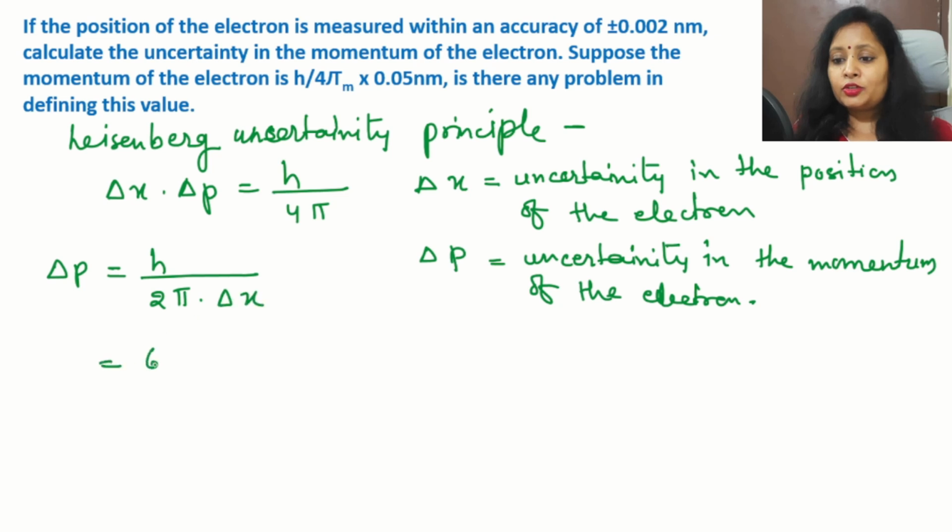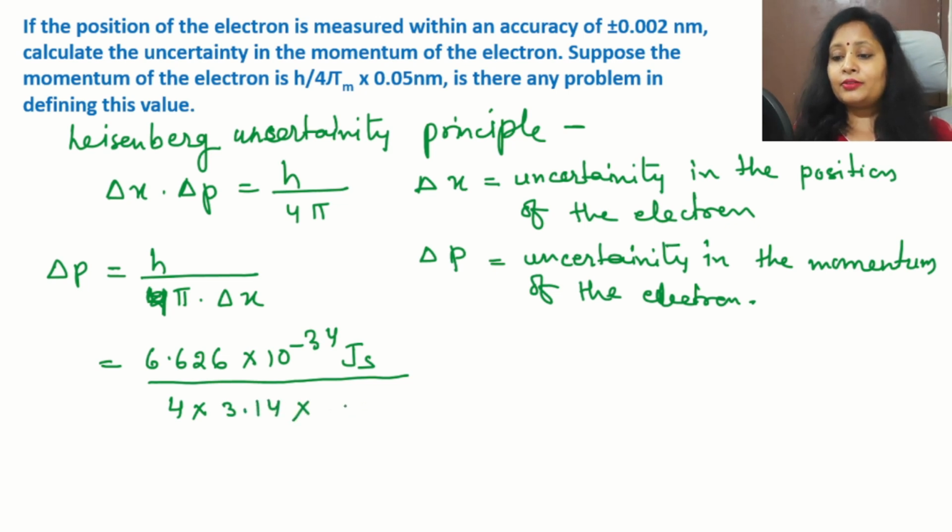Its value is 6.626 into 10 to the power minus 34 joule second, divided by 4 into pi, whose value is 3.14, into del x, which is given. It is the uncertainty in the position, that is 0.002 into 10 to the power minus 9 meter.